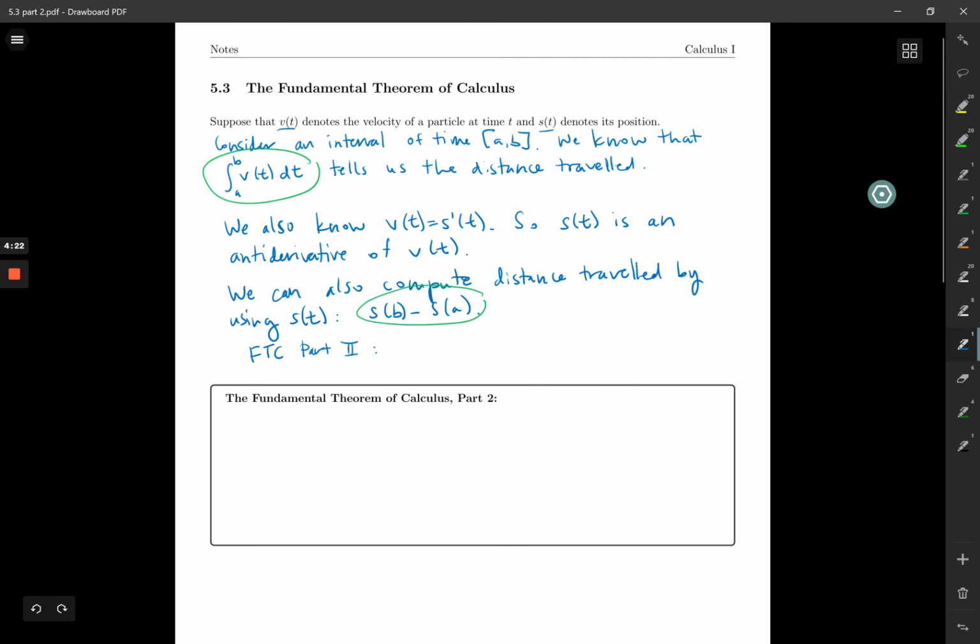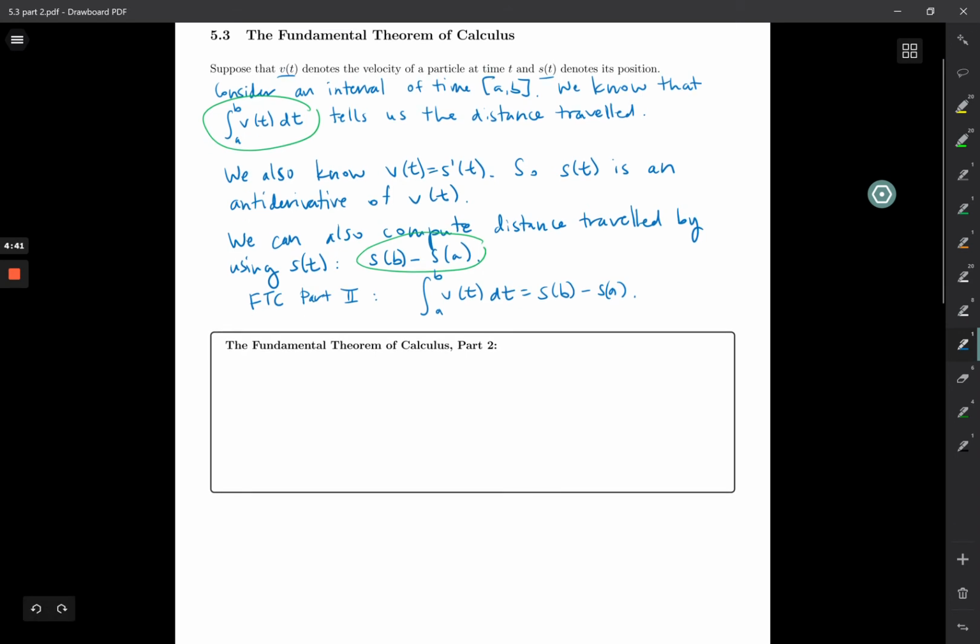So that shouldn't be so surprising if they give us the same value. So the integral from a to b of v of t dt is equal to S of b minus S of a, right? So this was the idea for this particular problem, but it does hold for more general functions.